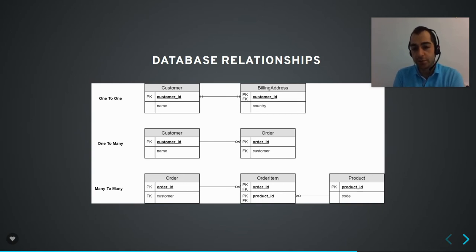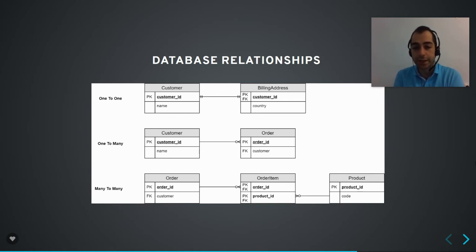Because the order table has a row for each order, and if the product ID is part of that row, it means that you only have one product per order, and that's wrong. And reversely, if you would keep the order foreign key on the product table, it means that each product could be part of just one order, and that's also false.